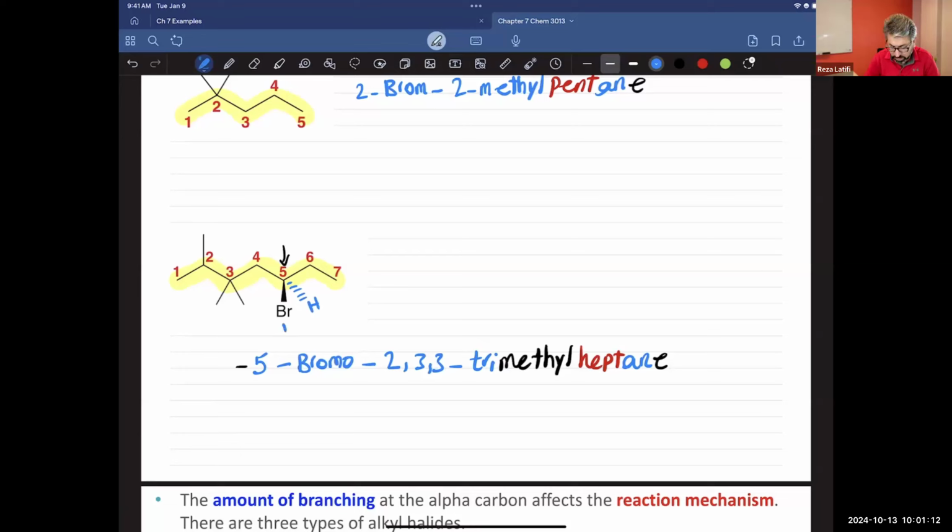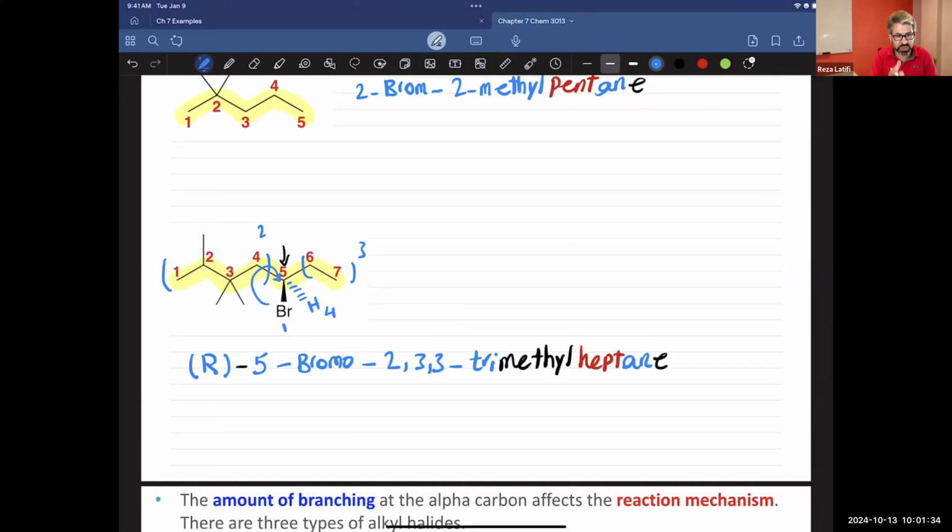So bromine will be number 1, this group will be the 2nd priority, and ethyl will be the 3rd priority. If I look at it, this is going to be R, clockwise rotation. So I'm going to say I have R for the stereocenter.